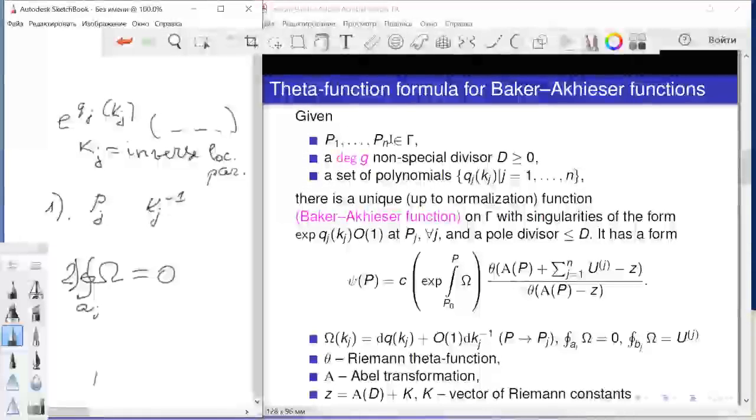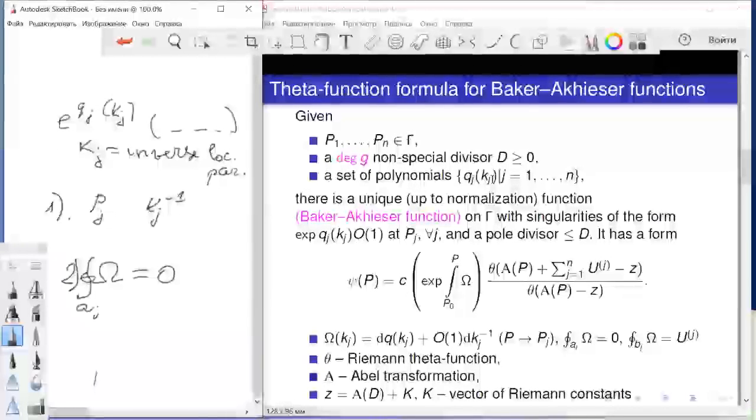Is it arbitrary? Could we construct for an arbitrary number of exponential singularities? Yes, we can choose an arbitrary number of singularities, and give them arbitrary polynomials of the local parameter, I mean of the inverse of the local parameter.